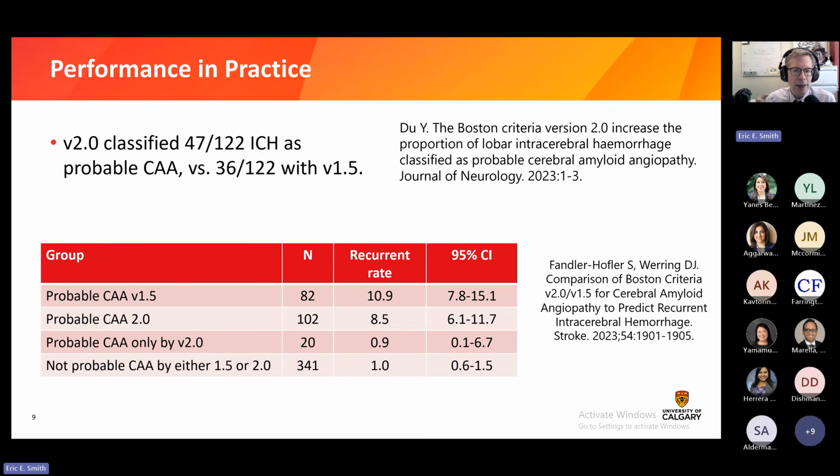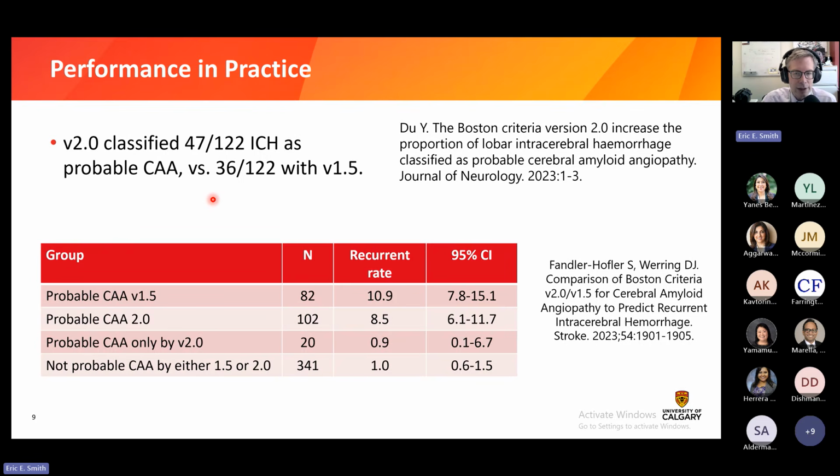He looked at a cohort of ICH patients, of which 47 out of 122 were classified as probable CAA by the new criteria, compared to only 36 out of 122 with the old criteria. The 11 patient difference are patients that met probable criteria by having a single lobar hemorrhage plus a white matter feature, instead of having multiple hemorrhages.